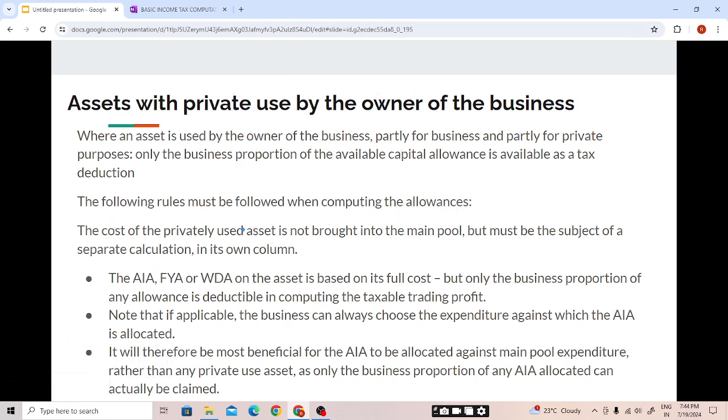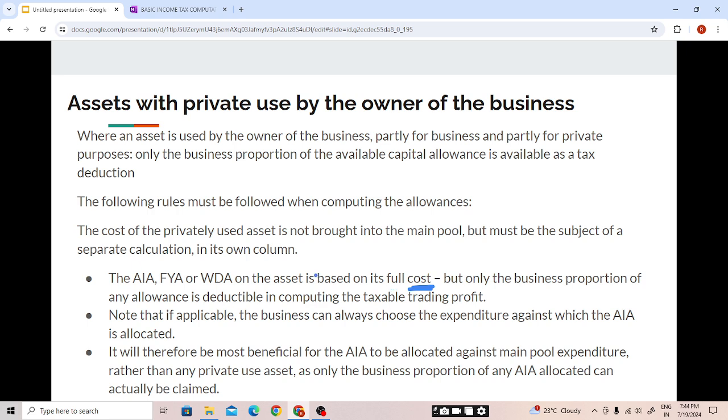The following rules must be followed when calculating the capital allowances. The cost of the privately used asset is not brought into the main pool but must be the subject of a separate calculation in its own column, that is private asset pool. The AIA, FIA or WDA on the asset is based on its full cost, same as the main pool. AIA, FIA, how is it available?